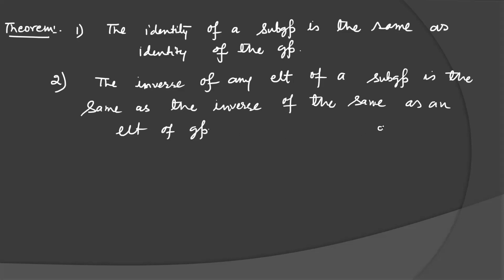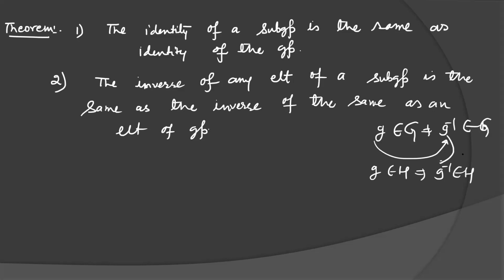Means if element g belongs to G and its inverse is g inverse, then if g belongs to H, then it will imply g inverse will be also in H. And this is unique, not different. Inverse is unique in both subgroup and group.